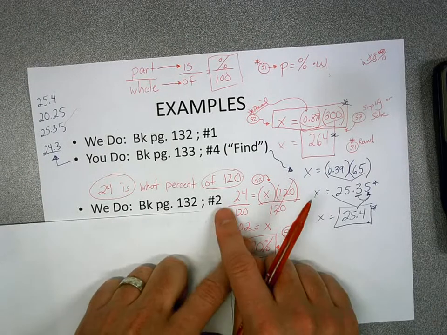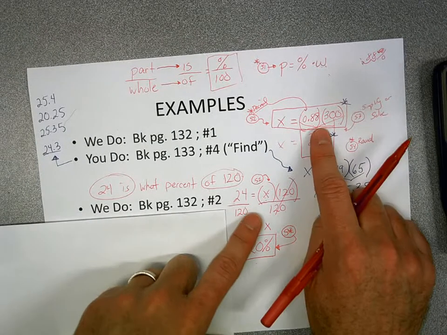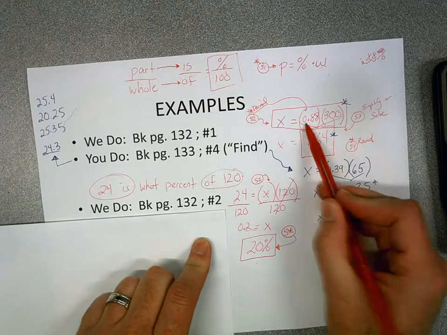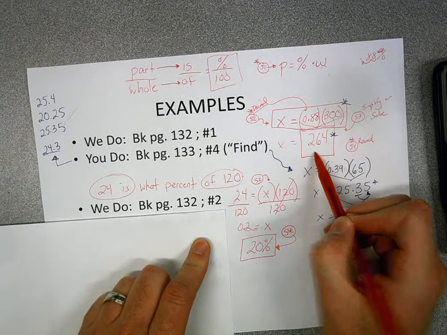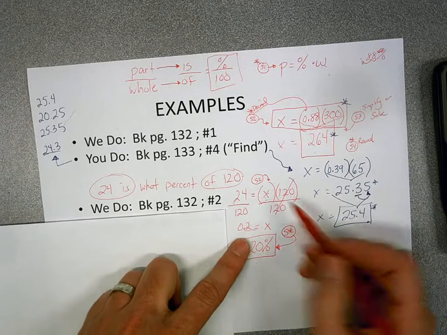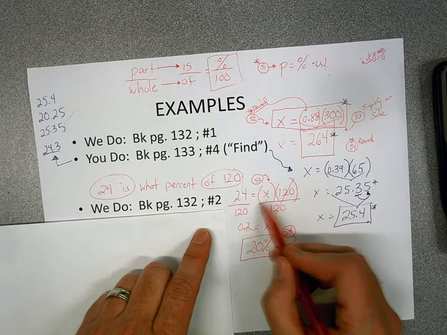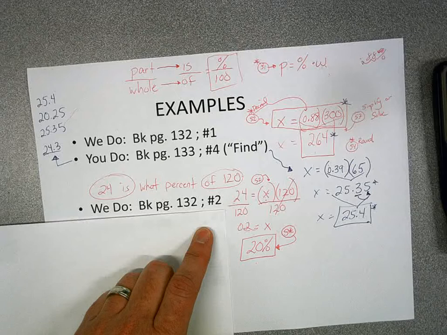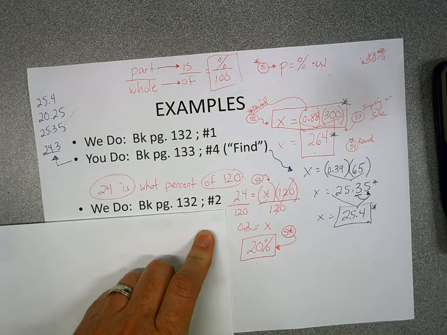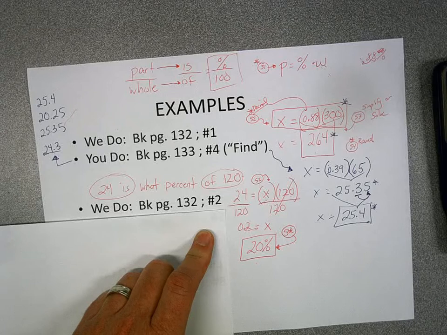Follow the equation. Plug your numbers in, and if they are next to each other, that means multiplication. If they are across from each other and you have a variable next to a number, that means that to get rid of it, you have to divide both sides. The equation, use it as a tool. It will tell you to multiply or divide, as long as you plug in your numbers in the correct spot. So be very careful when you do that, when you do step 2.